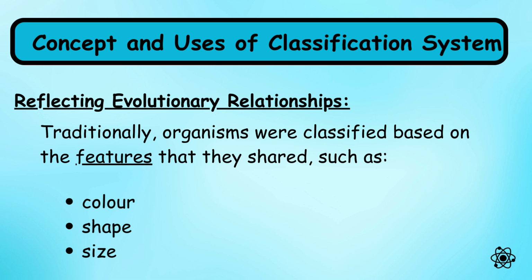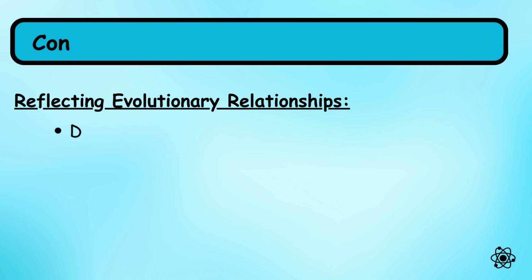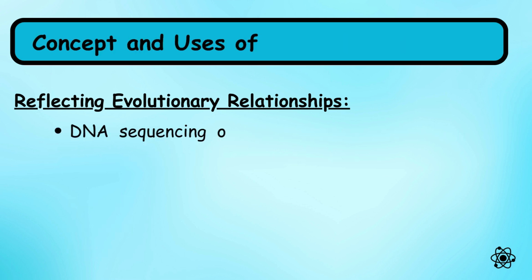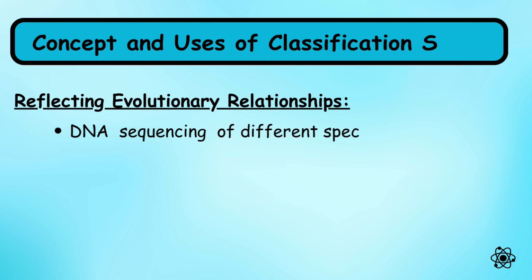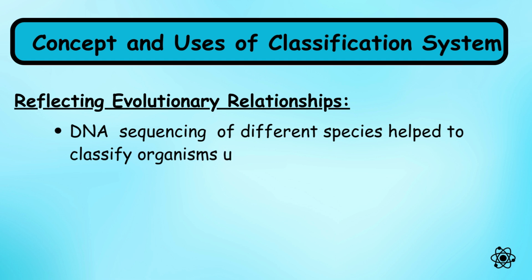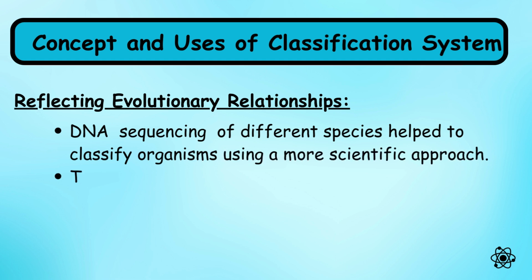However, this method of using similar physical features of species to categorize them has its difficulties and is not enough. With the advancement of technology, scientists were able to study DNA sequences of different species, and this helped to classify organisms using a more scientific approach.